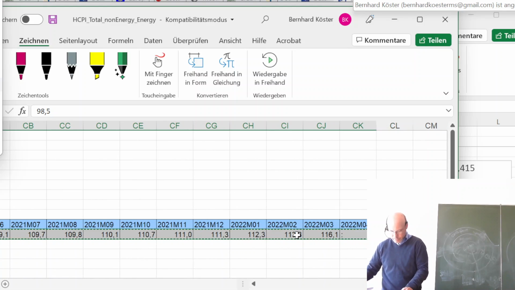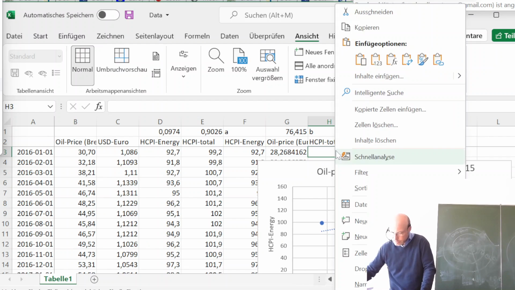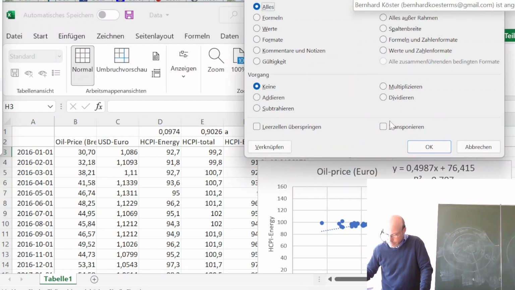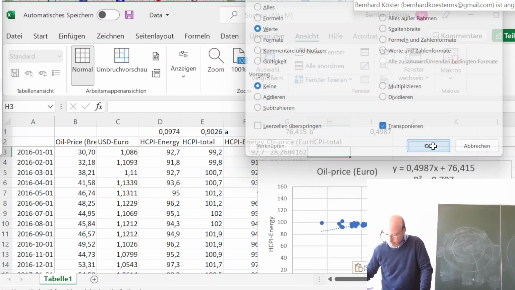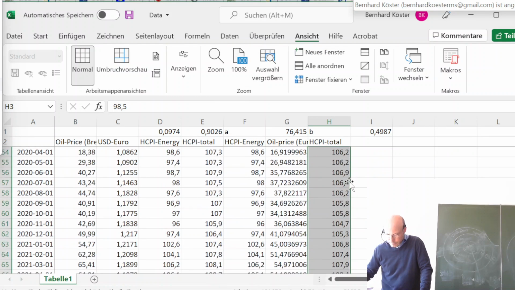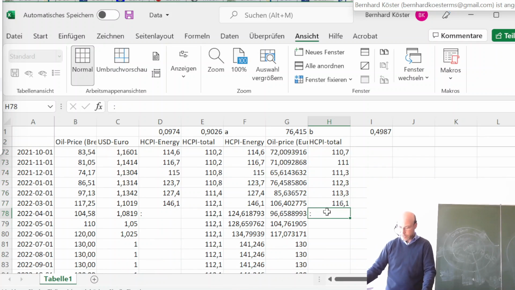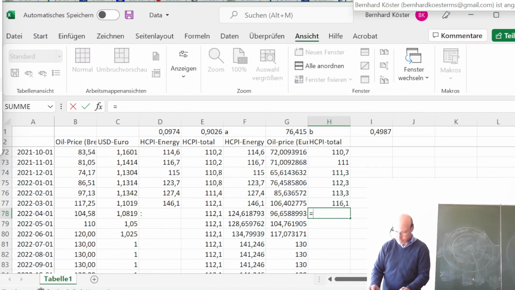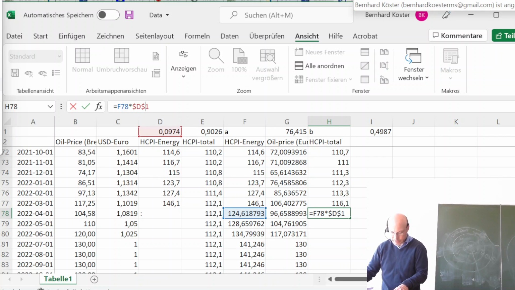That this one is just the weighted average of the energy component times the weight, also fix it, plus non-energy.